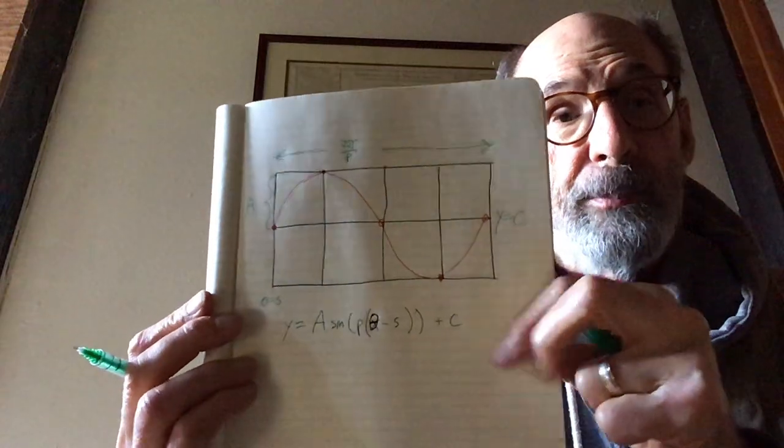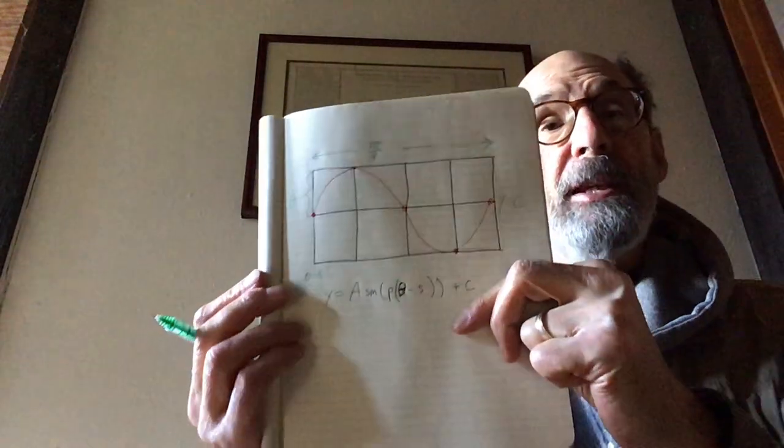So there's the deal. A couple of important things to remind you of is, hey, what about cosine? Well, you know what? Cosine of theta is the sine of pi over 2 minus theta, which is minus the sine of theta minus pi over 2.